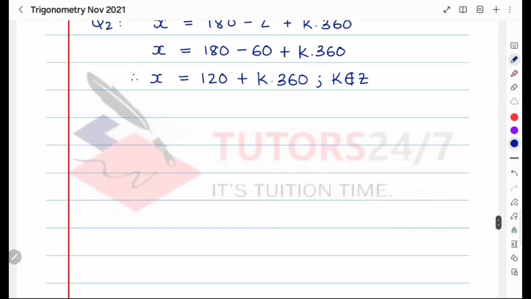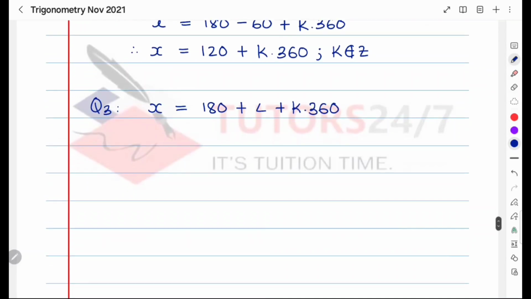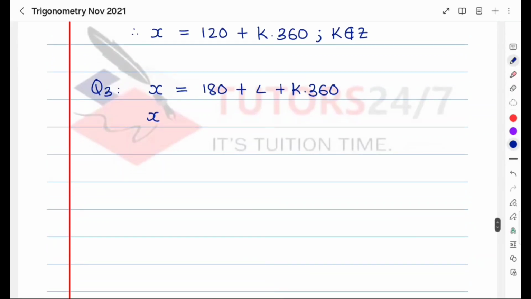Then our solution in quadrant 3, we have x is equal to the reduction formula in quadrant 3. Then we include plus k times 360. From here, we can substitute the reference angle, which is 60 degrees.